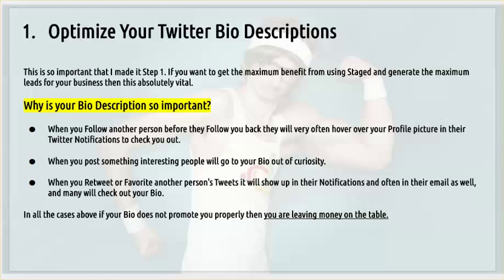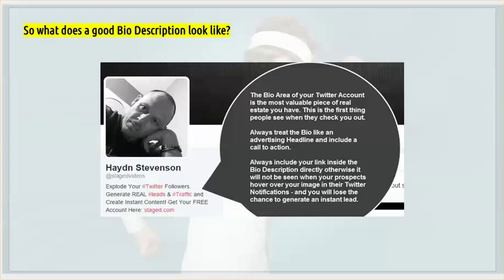They're basically checking you out. But when you post something interesting to people, they will go to your bio and just look around. They're curious. Number 3 there, when you retweet or favorite another person's tweets, it'll show up in their notifications. That's really important. And often in their email, and many will check out your bio. So now do you see why the bio is so important to get set up? And we're going to show you exactly what we're talking about.